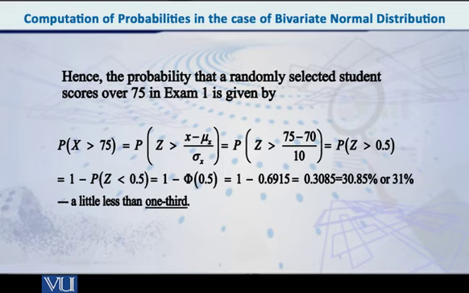And this expression can also be written as 1 minus capital phi of 0.5, क्योंकि आप जानते हैं कि स्टैंडर्ड नॉर्मल डिस्ट्रीब्यूशन का जो CDF होता है उसको हम कैपिटल F से डिनोट नहीं करते आमतौर पे, उसके लिए कैपिटल फाई का नोटेशन इस्तेमाल होता है.